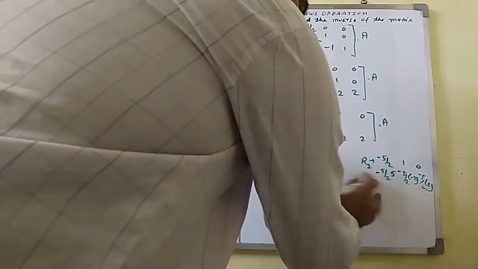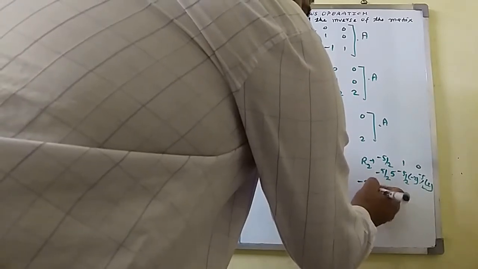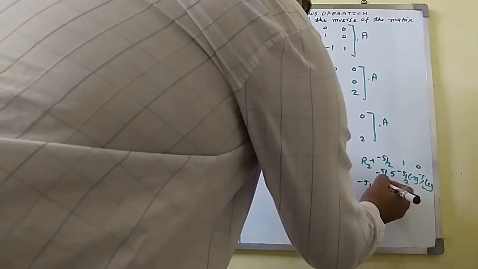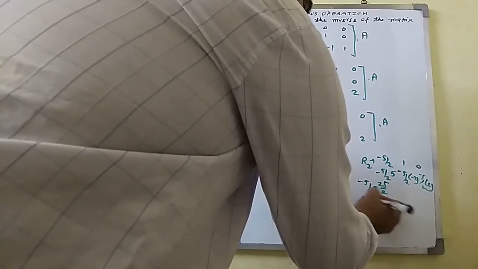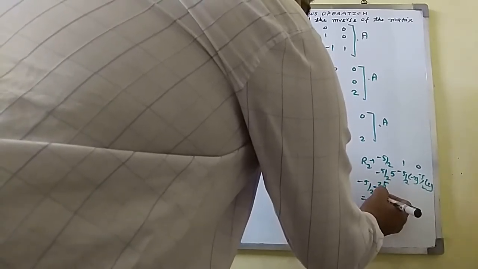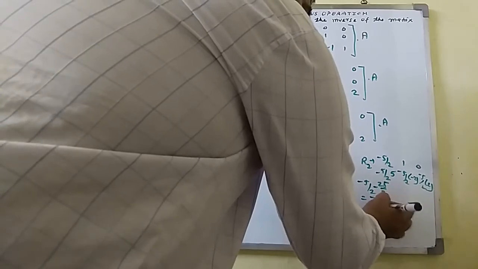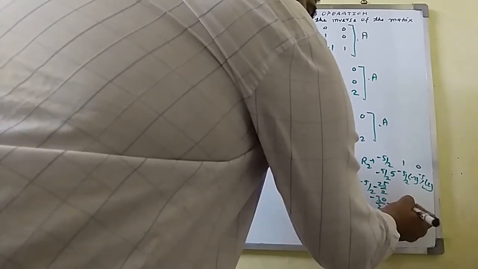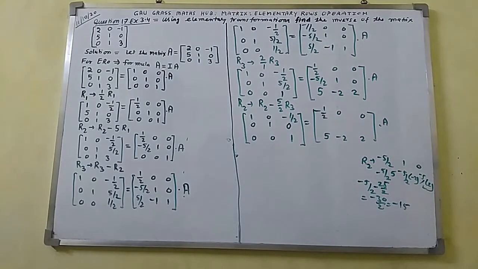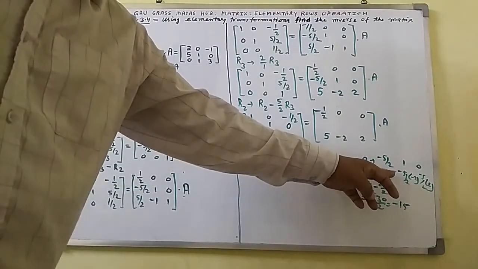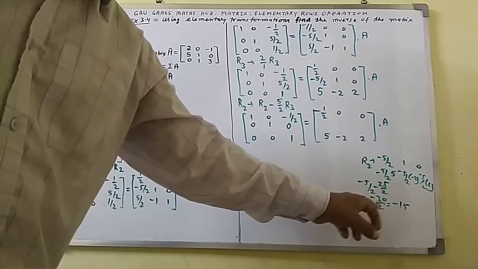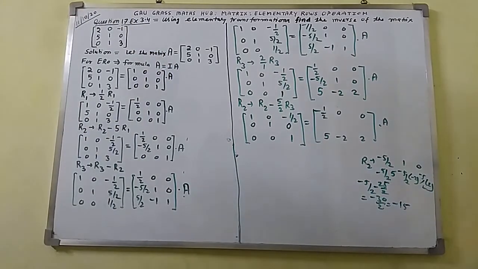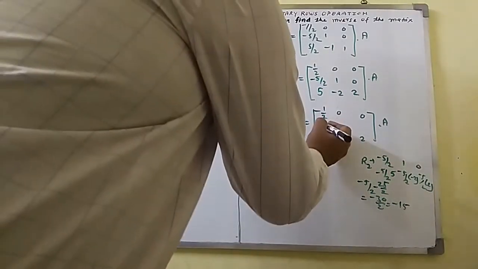Here minus 5 by 2, here minus 25. 5 times 5 is 25, so minus 25 by 2, minus 5, you get minus 30 over 2, which is minus 15. So here I shall write minus 15.